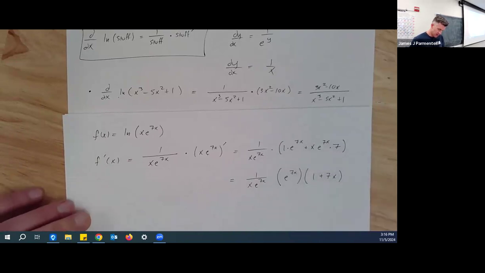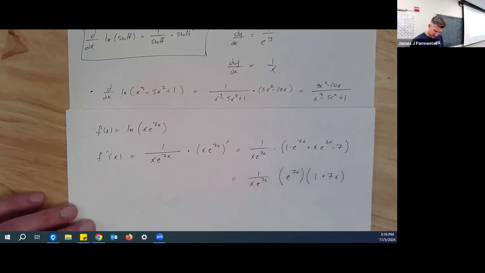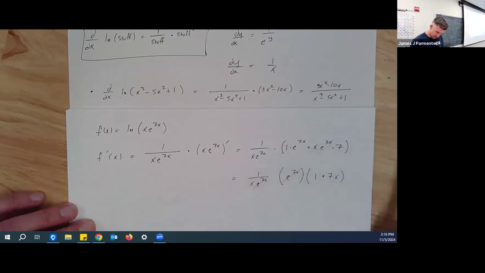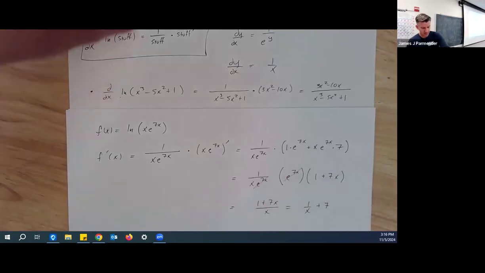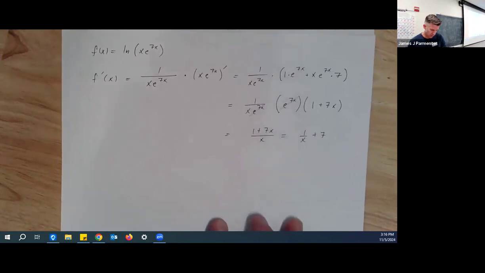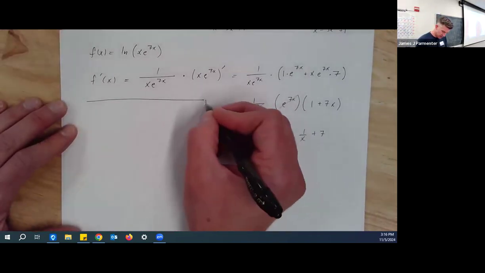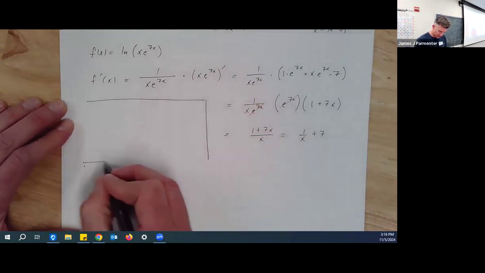And then we can cancel an e to the 7x here, here, and we're left with 1 plus 7x over x, or if you prefer, and I do, 1 over x plus 7. Why do I prefer that? Because if we made the smarter choice of doing the simplification first, we would have gotten to the same answer.